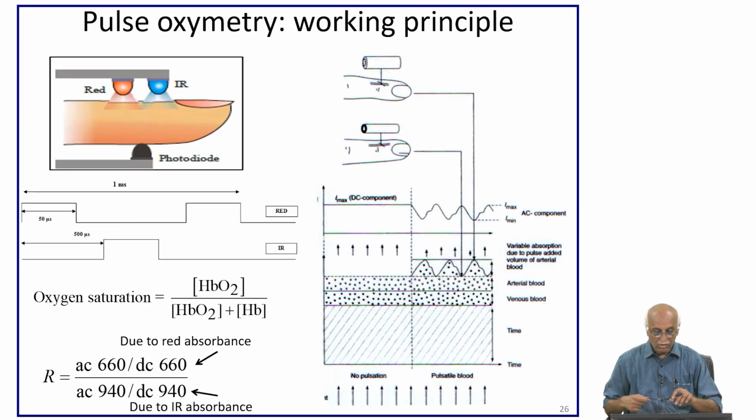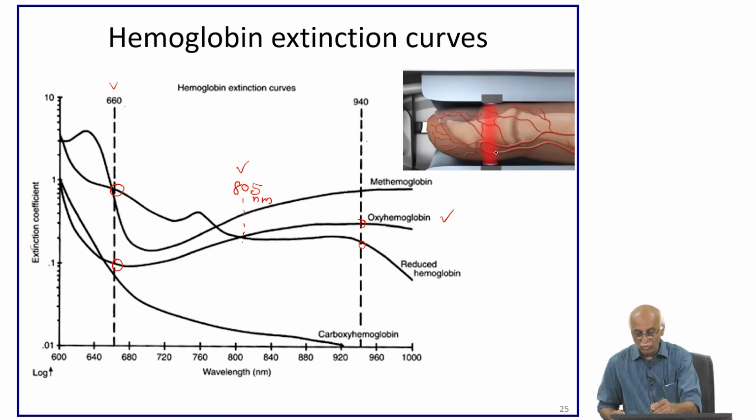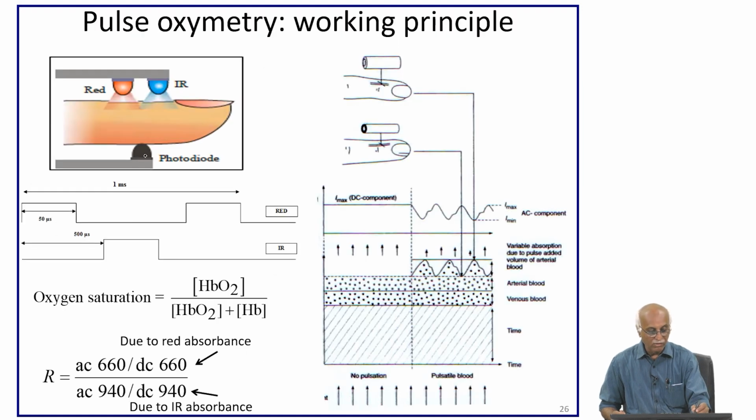Now, when we are capturing this information using pulse oximetry, it basically consists of two light sources. In a pulse oximeter, the light source transmits through the finger, and the photodiode, on the other hand, is the detector.